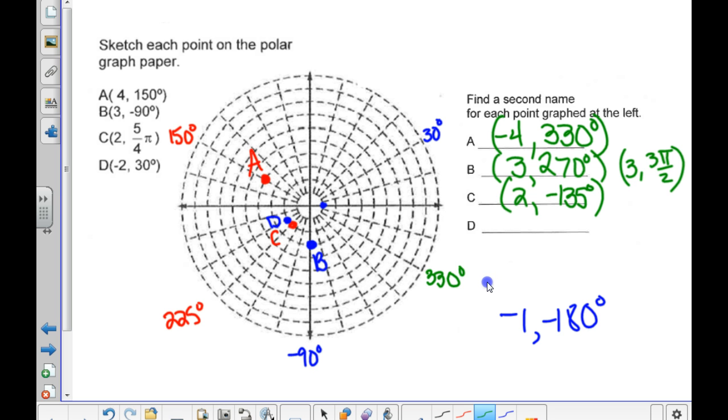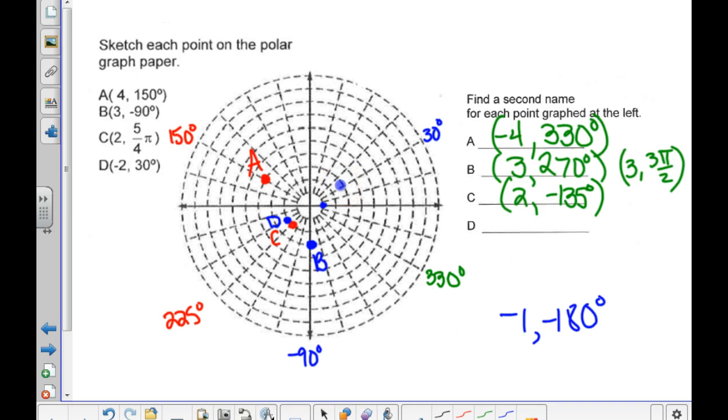All right, anybody brave enough to try a negative for D? It's kind of a tricky one for D. If I had gone this, okay, please listen. If I had gone this direction around, but I was going to back up, I would have had to go all the way over to here, right?